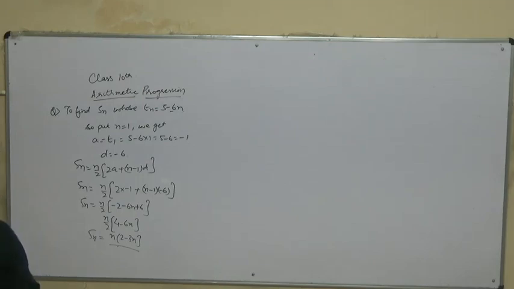Then the next question is, how many terms are there in an AP whose first and fifth term are minus 14 and 2 respectively, and sum of terms is 40. So what is given in this question?